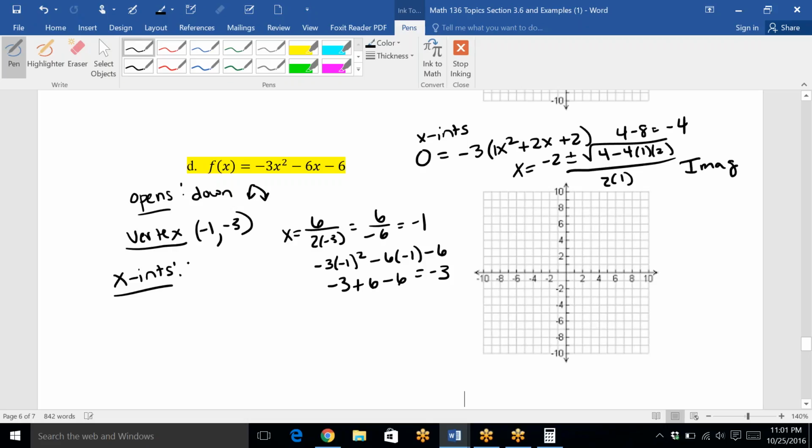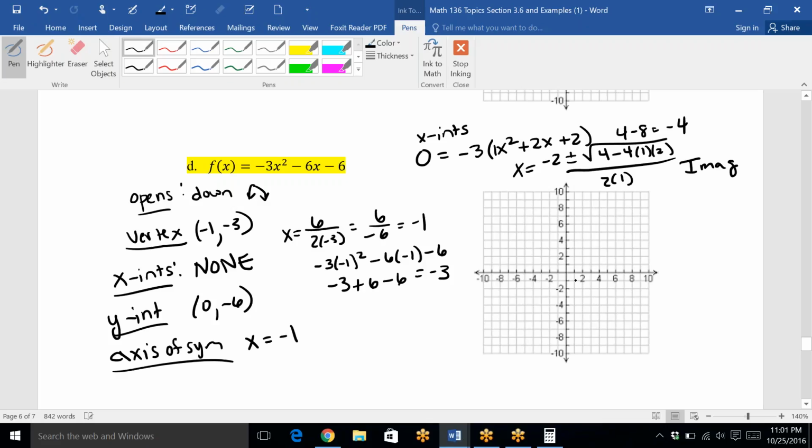If you have an imaginary solution to your x-intercept, in other words, you don't have x-intercepts, this would be the case where you either hover above or below the x-axis and never cross it. The y-intercept is just the constant, so that would be 0, negative 6. The axis of symmetry would be the vertex x, so x equals negative 1.